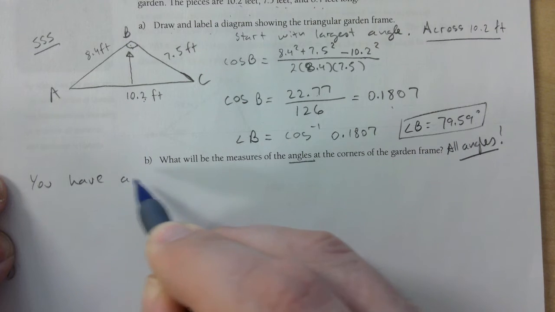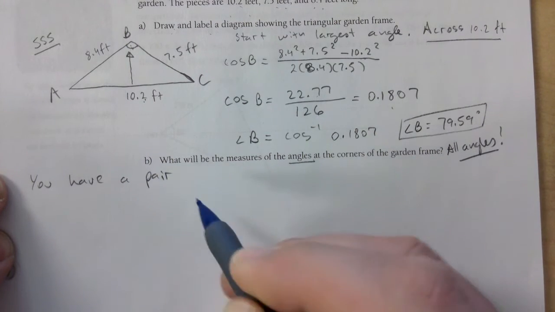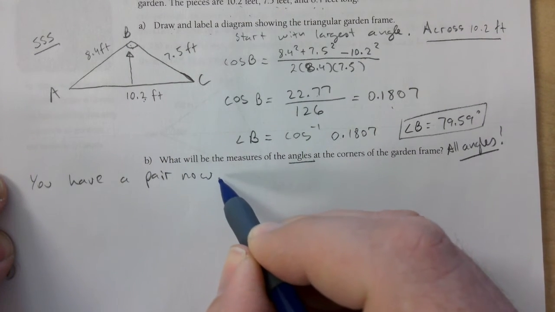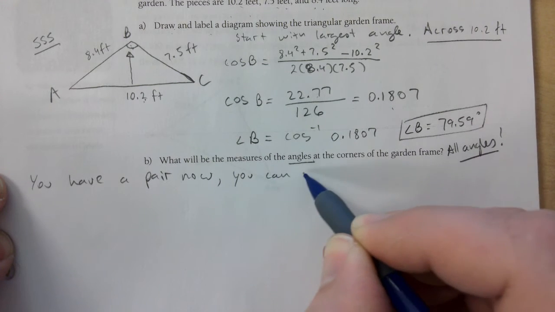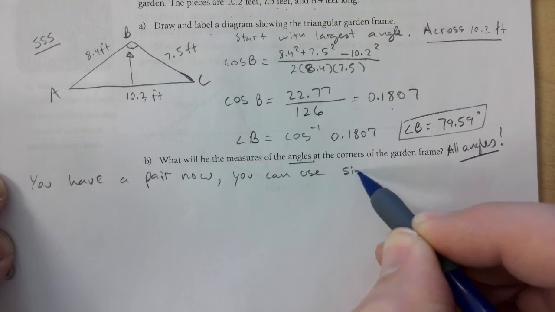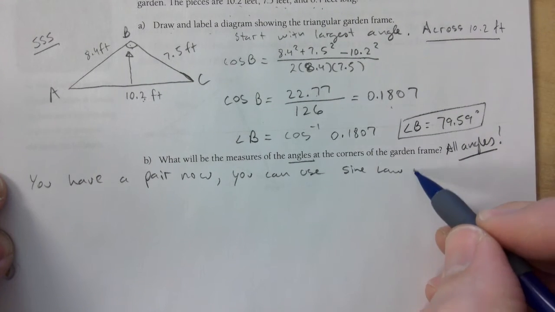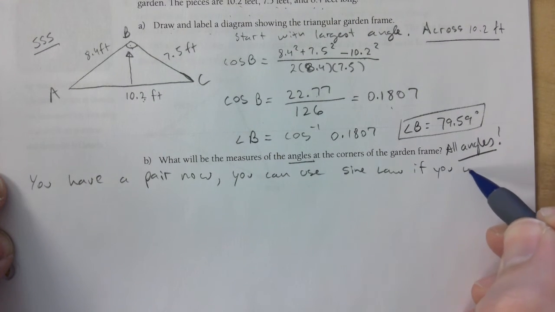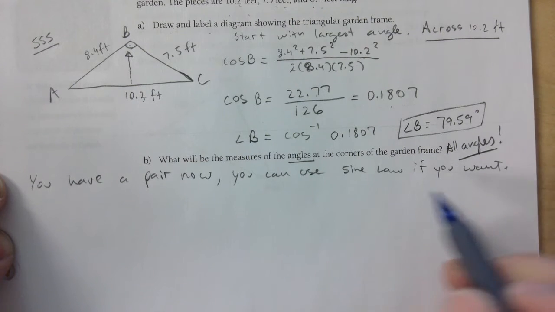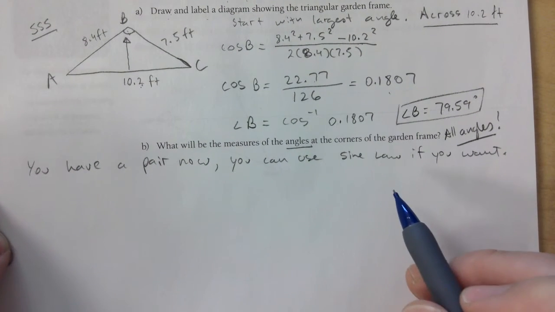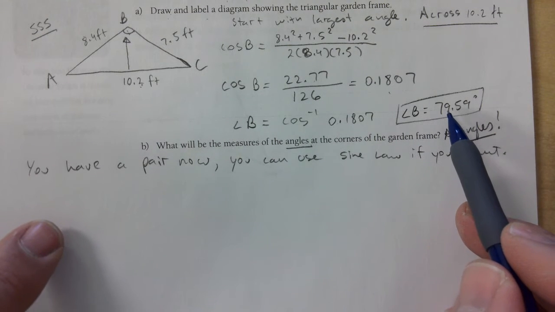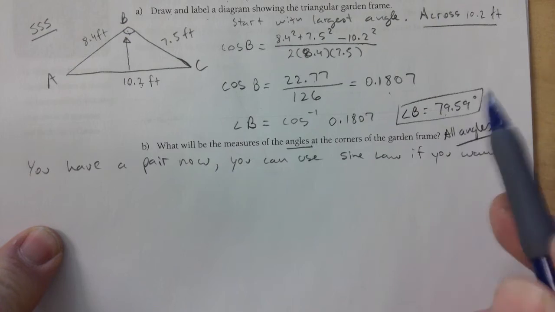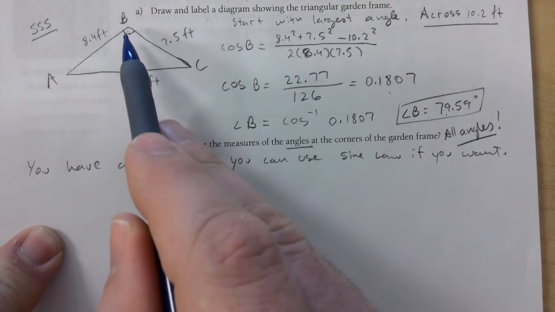You can use sine law if you want. I would write this down because a lot of students forget that down the road. What's your pair? You have sine of 79.59 over 10.2. This is a pair.